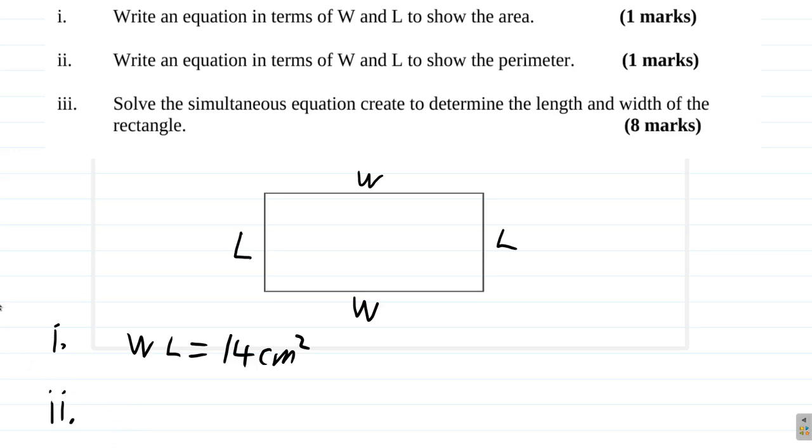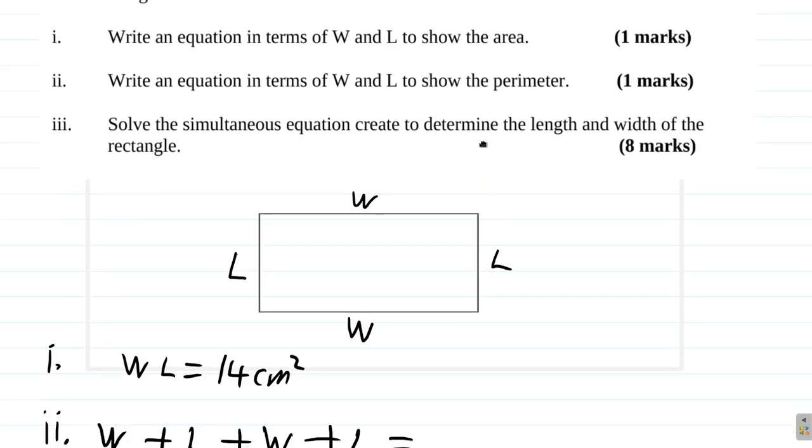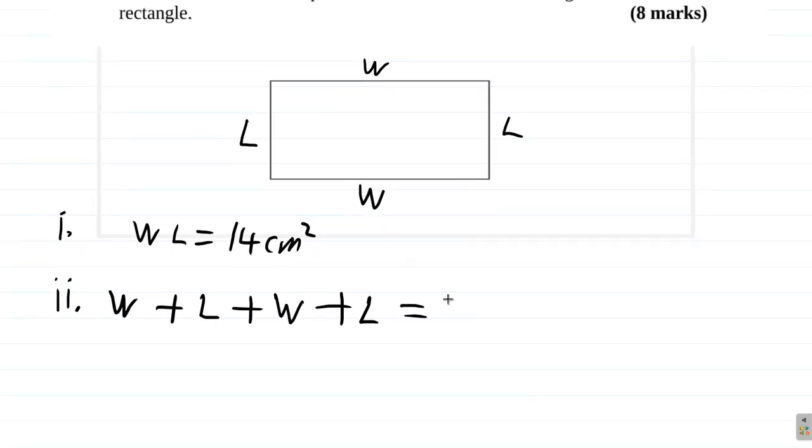If we start at this corner here, we go W, plus, go down L, that's L, plus, then we go across, that's W, plus, and then we go up L, that's L, equals, what's the perimeter they say again? 15 centimeters.